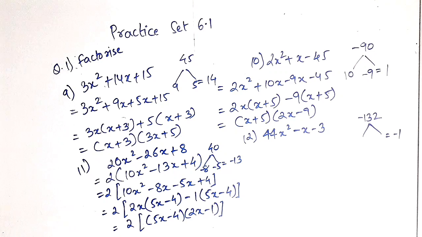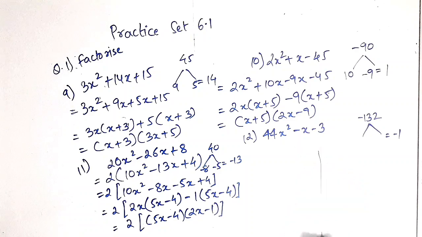Now in such a case, children, where you don't know, if I tell you 90, you can easily tell me some tables like 18 fives, 10 nines, but if I tell you 132, you cannot tell me which table it comes into. There will be many tables. So in that case, what to do?